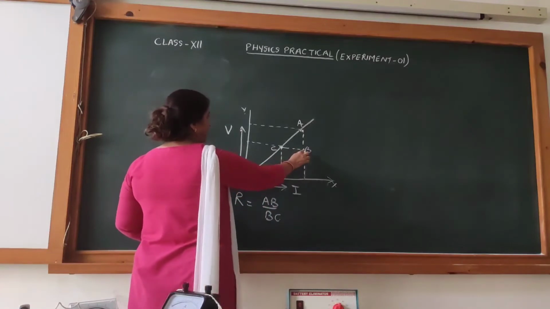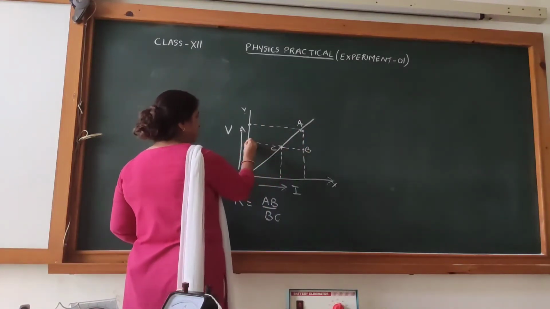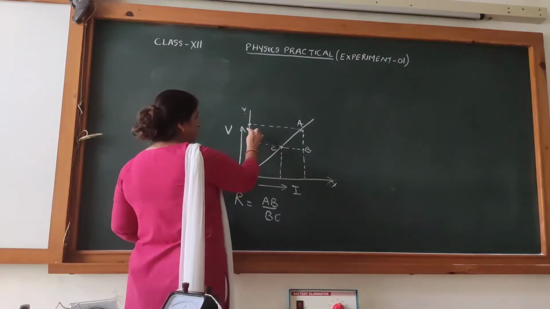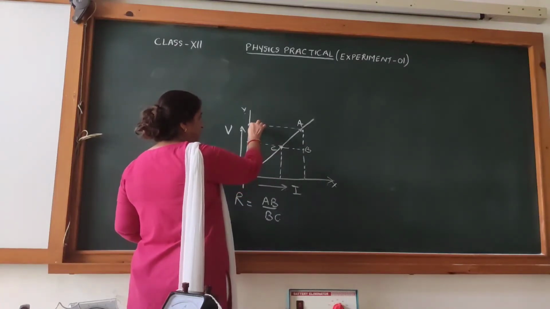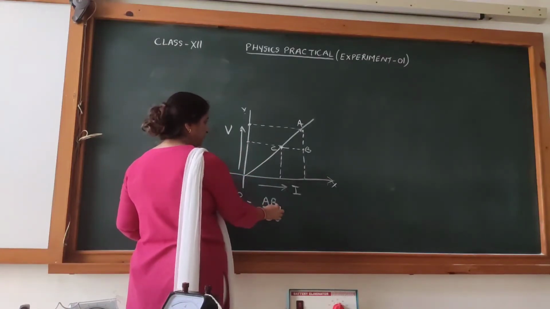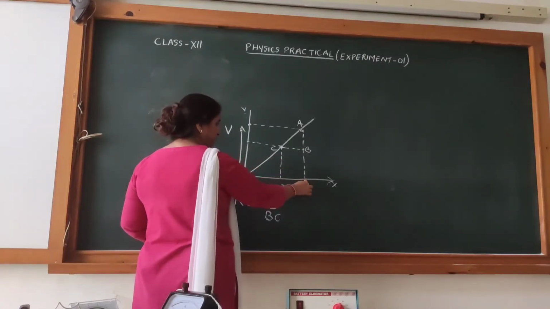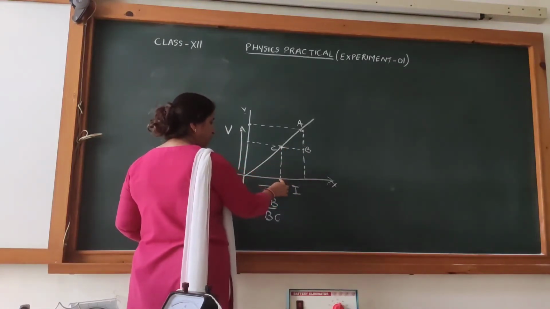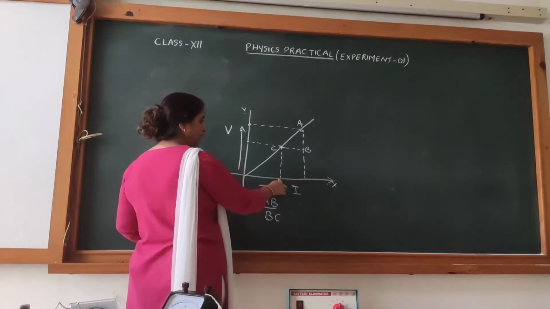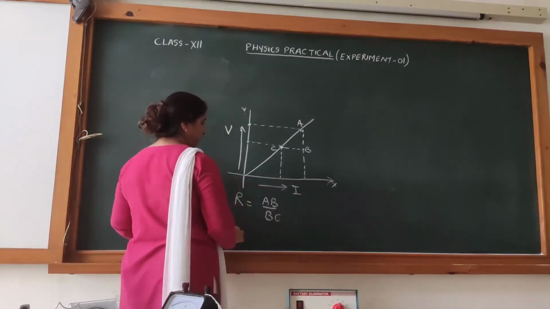AB you can find out. See the reading at point A here, then at point B, and from the reading at point A you subtract the reading at point B, you will get the length AB. Then for finding the BC length, find the value of current at point B, then corresponding to point C you find out the current and take the difference, you will get BC.